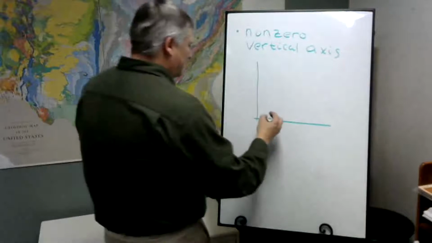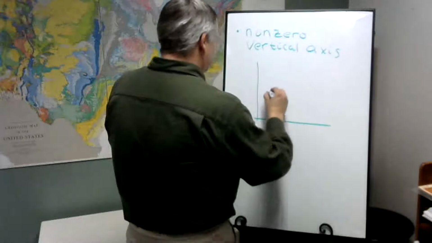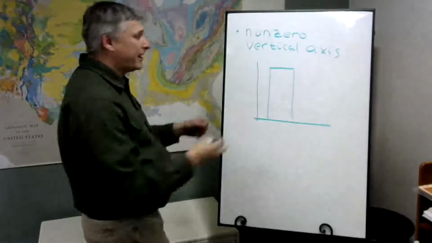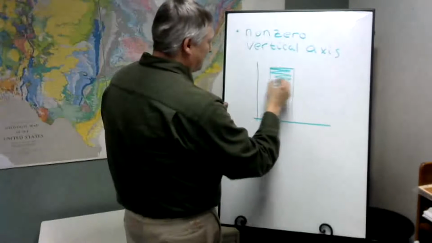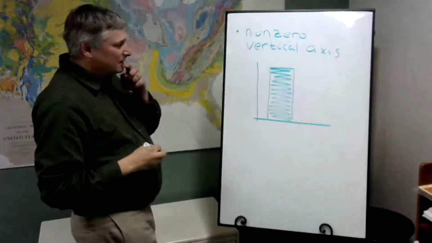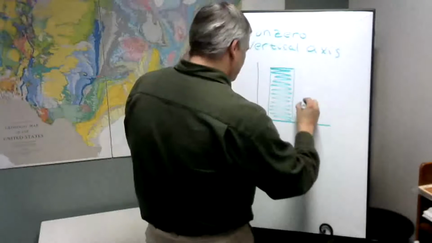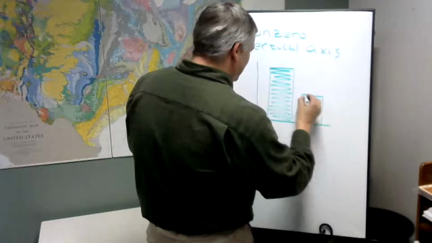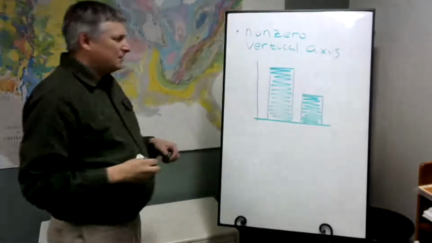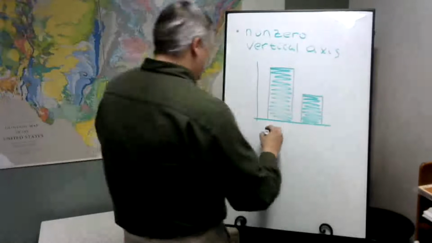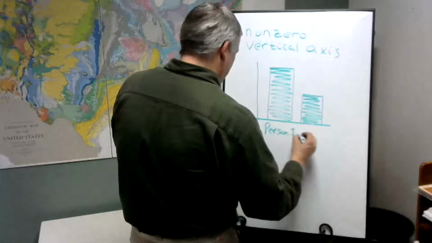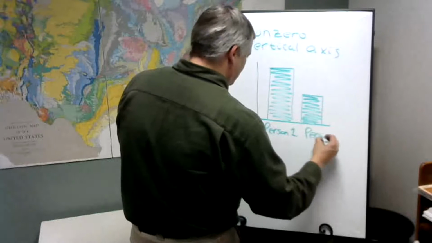And the first person, if you represent their time using a bar graph, and then the other person's time you represent like this, this is person one and person two.